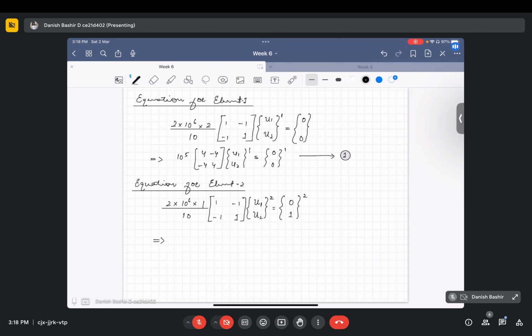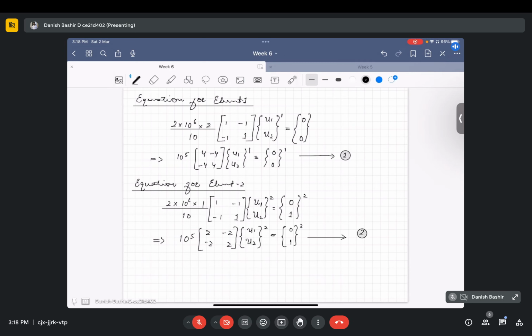When we solve this, it will boil down to 10 to the power 5 times the matrix 2 minus 2, minus 2 2, times U1, U2 of 2, equal to 0, 1 of element 2. So let's name this equation second.